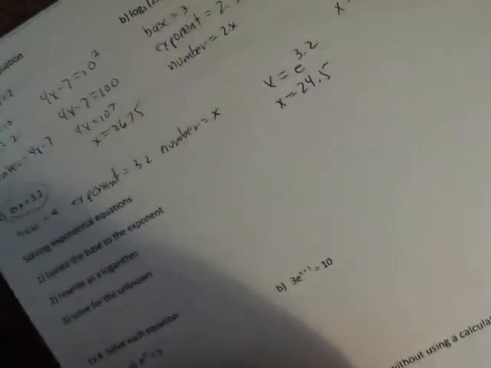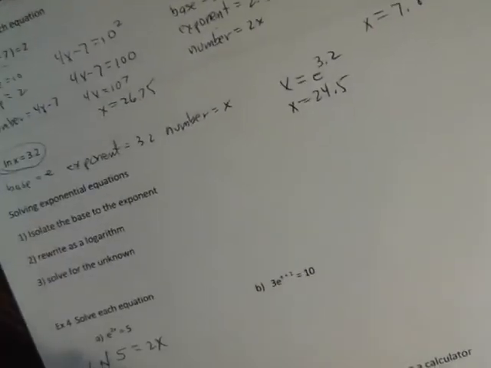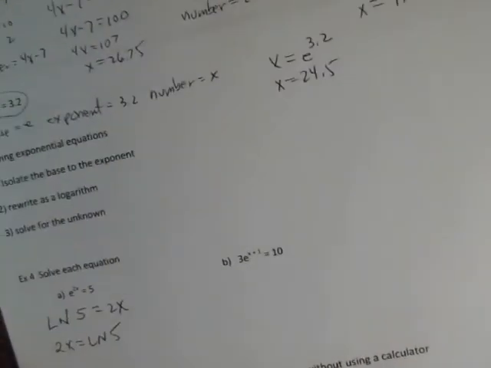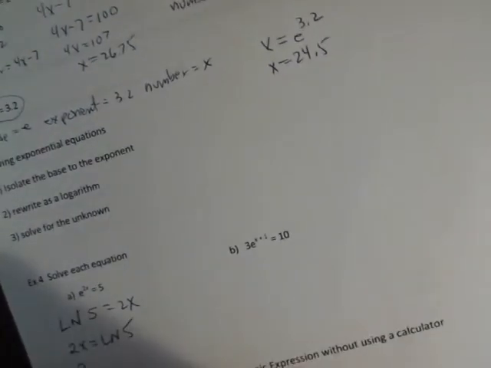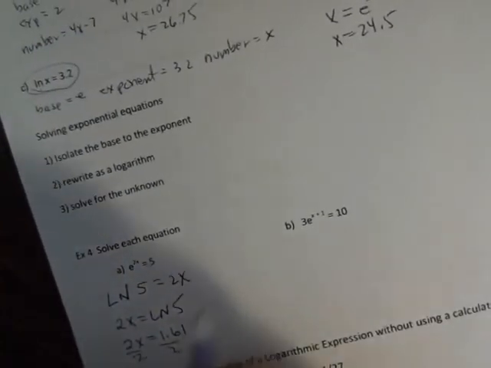So you can write ln of 5 is 2x. You can do 2x is natural log of 5. It doesn't really matter. I always just like to have my variable on the left side. So then I figure out, well, what is the natural log of 5? And it's 1.61. Divide by 2.